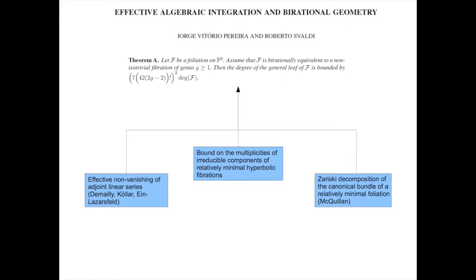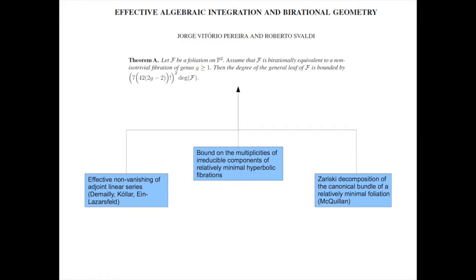So the idea here is to explore a very simple observation. The problem of deciding if all solutions are algebraic or not is obviously a birational invariant problem. If you change the birational model of your foliation, if all solutions are algebraic, they will still be algebraic. If they all have genus G, they will still have genus G. So you can try to look for birational methods to prove that.